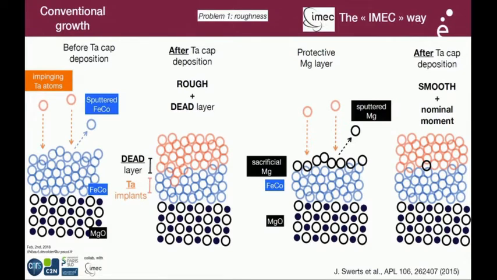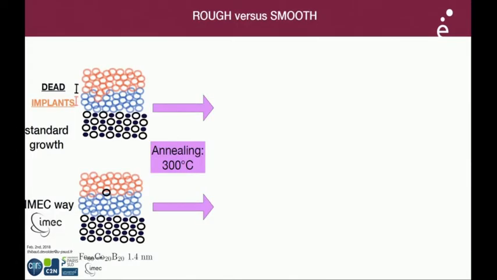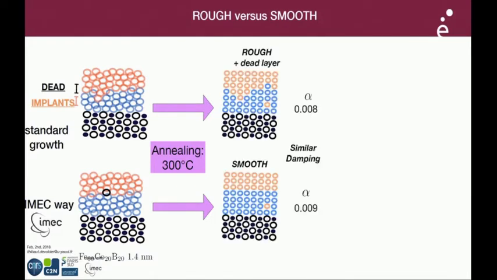And indeed, if you compare the RF properties of the samples deposited in these two ways, there is a substantial difference. So let's measure them after annealing at 300 C. If we look at the damping, there's really not much difference. It's within the error bar, especially at that time where the damping measurements were not very precise.